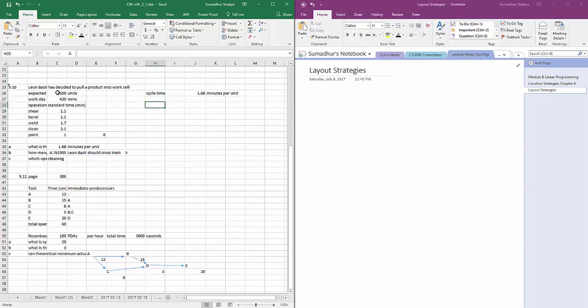If that's the case, then the number of employees who should be working simultaneously, or workstations, or the same as the number of people that need to be cross-trained, would be the summation of all the tasks, which is shearing, bending, welding, cleaning, and painting, divided by 1.68.